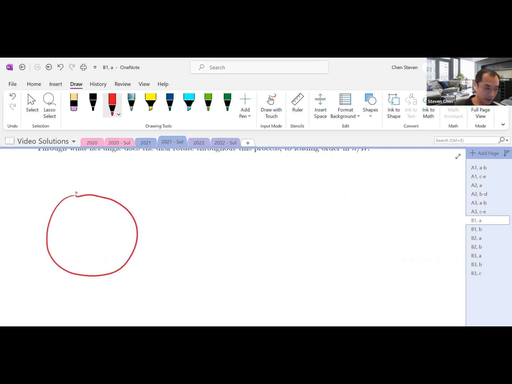So suppose the angular displacement of the disk at time t is denoted as theta sub t. And we assume that for the ant, its position is denoted as r sub t.